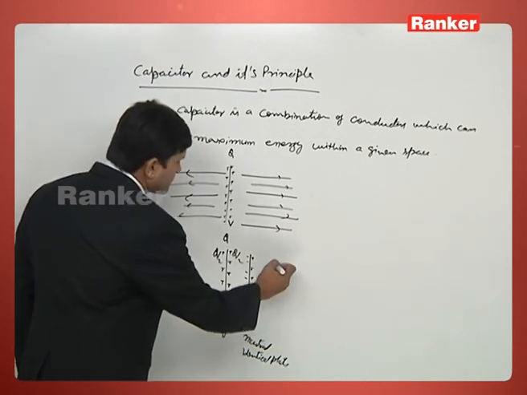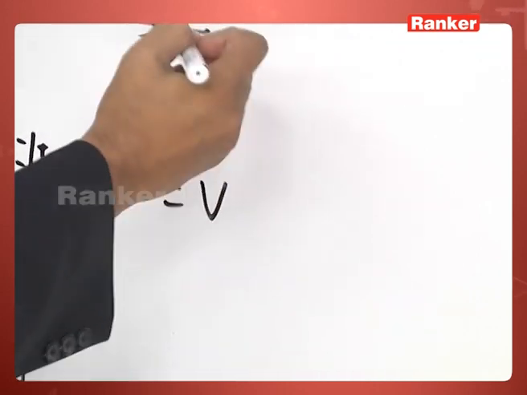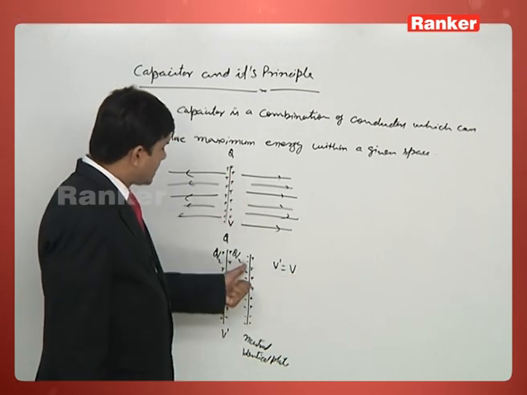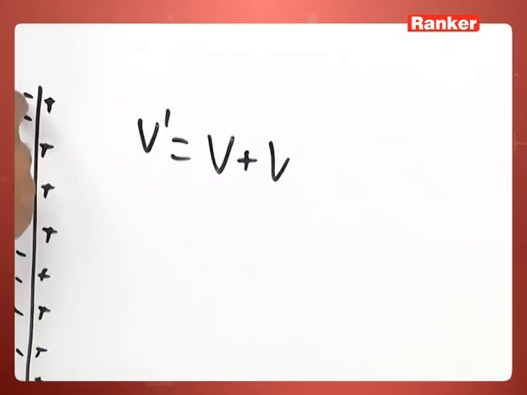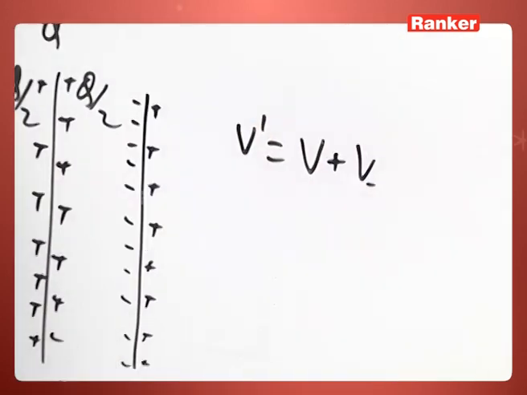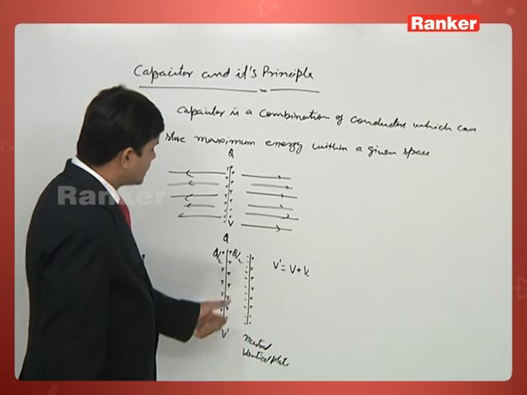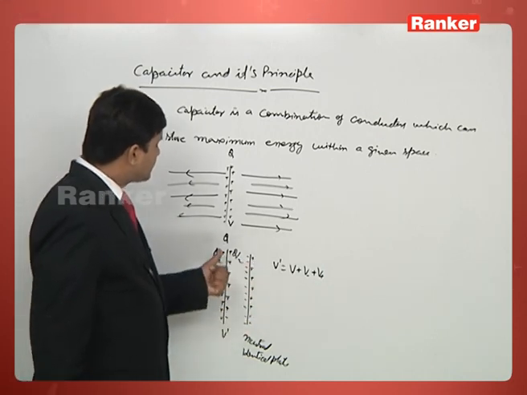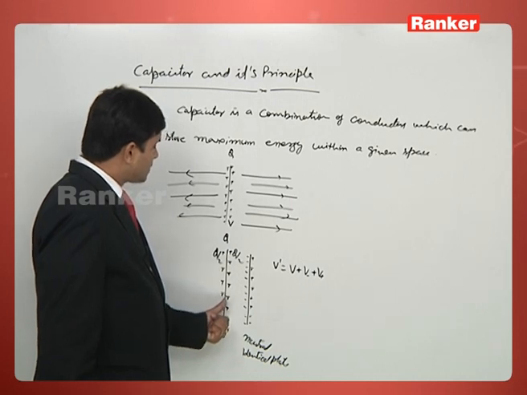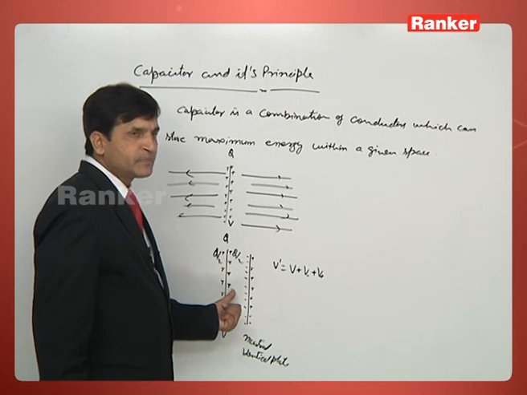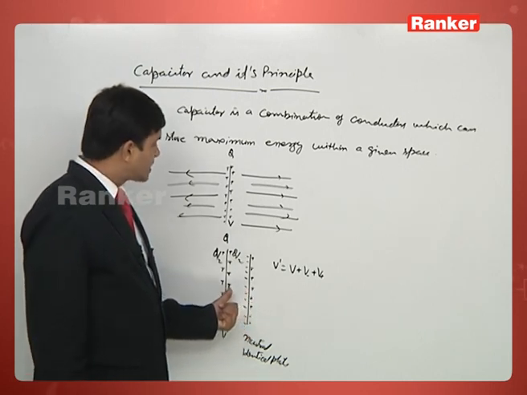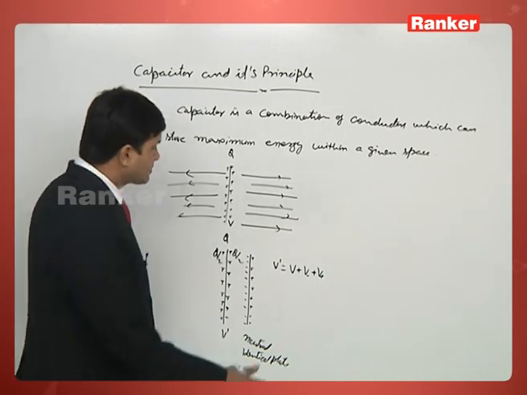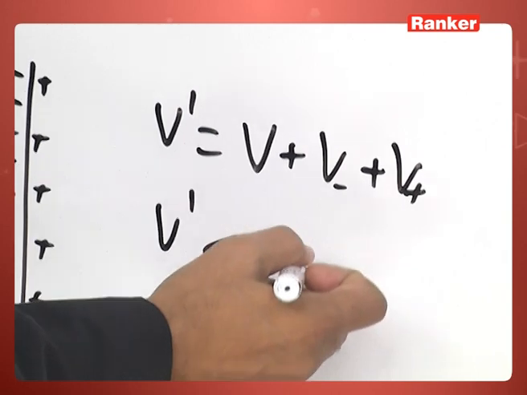Using the principle of superposition, V dash is equal to V, the potential due to its own charge, plus the potential due to the induced negative charge, which is near, plus the potential due to the induced positive charge. Since the negative charge is nearer to this plate than the positive charge, the effect of the negative charge's potential will be more than that of the positive charge. So V dash is less than V.